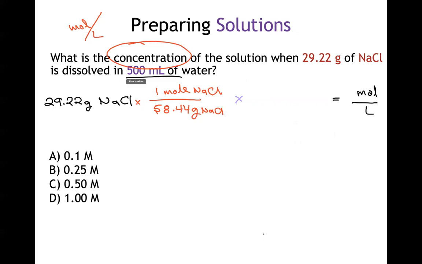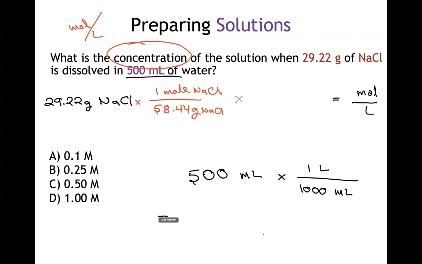Well, we know we have 500 milliliters of water, right? To convert that into liters, we know that 1 liter is 1,000 milliliters. So it's like moving the decimal place 3 units to the left. 1, 2, 3.